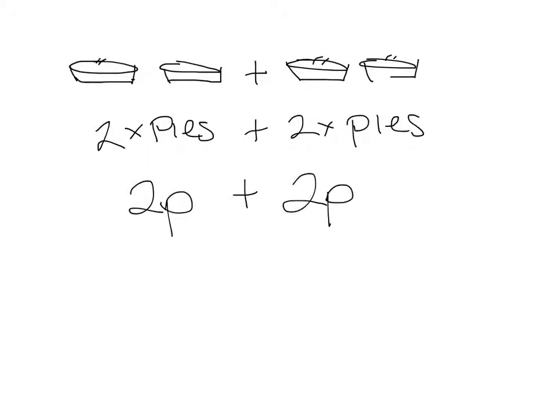P meaning pies, pies having a value of, let's say, $3.50. So if we were to say that P, or 1 pie, equals $3.50, we simply do some substitution. Where we see P, we put $3.50.